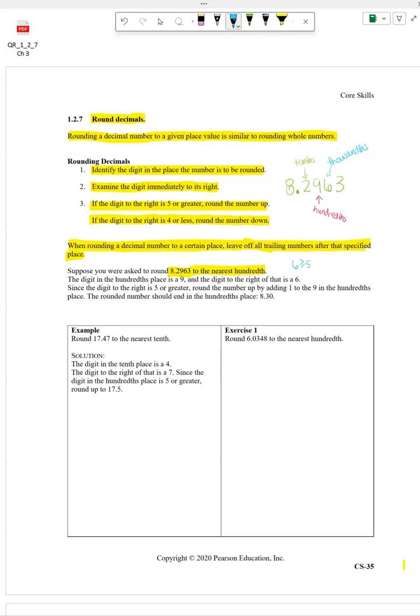That 10 would make this a 3, so it would be 8.30. Right? That's how that works. Some of the time it does that, where rounding it up means you have to round the next one up, but most of the time it doesn't. That's a good example, though. Now, if this 6 would have been a 4, we would have just let that be 8.29, okay?